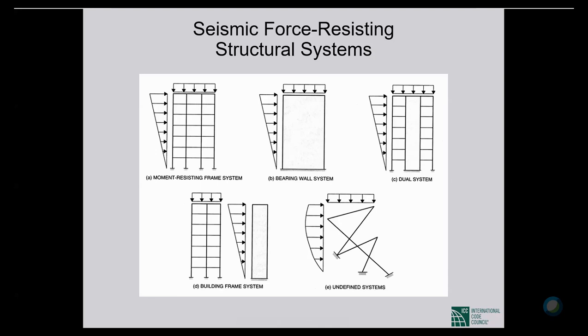Okay, so dual system. The other way of combining shear walls and frames in the same building is by going with a building frame system. This nomenclature is kind of confusing. It is not a frame system. A building frame system has shear walls and frames.